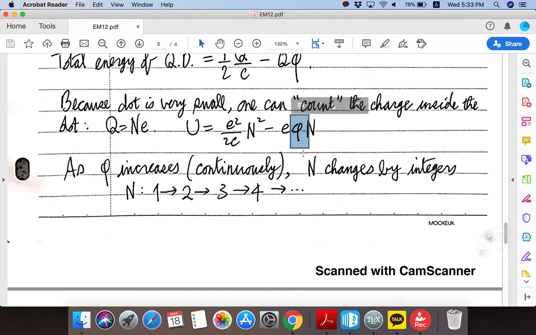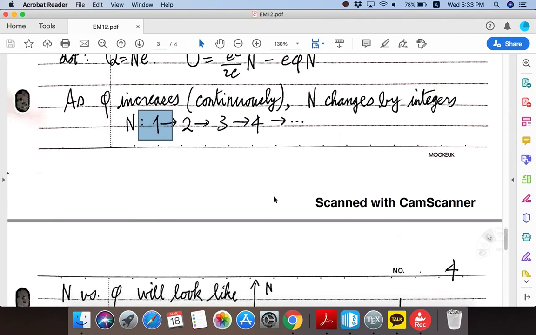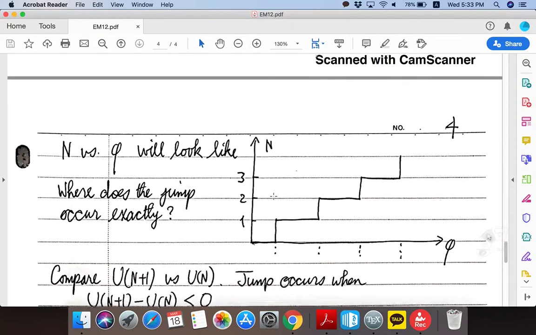But remember that n now is an integer and can only be an integer because we have said that the quantum dot is so small that you can literally count exactly how many electrons went inside. So n does not change continuously, but can only change by going from 0 to 1, 1 to 2, 2 to 3, and 3 to 4.